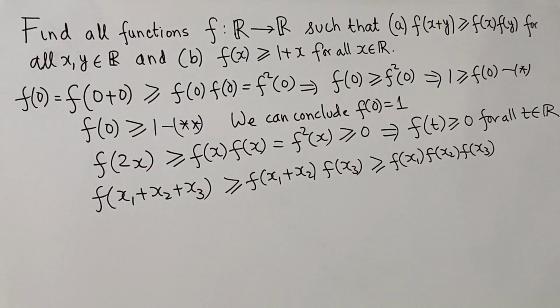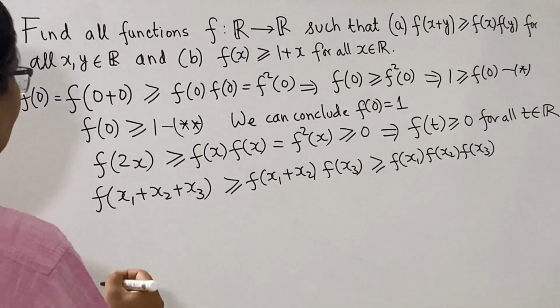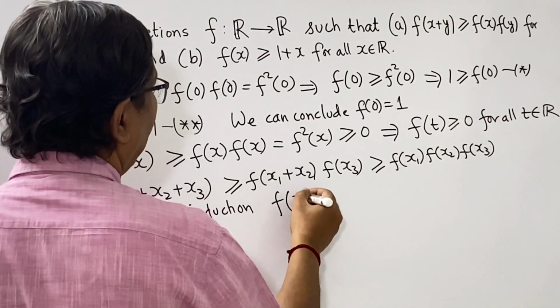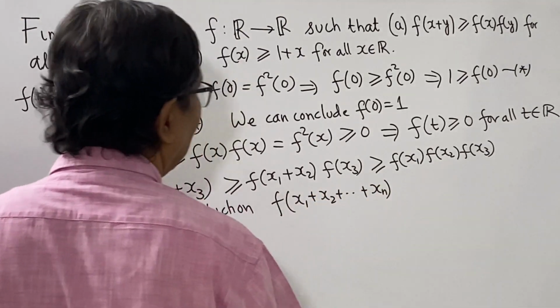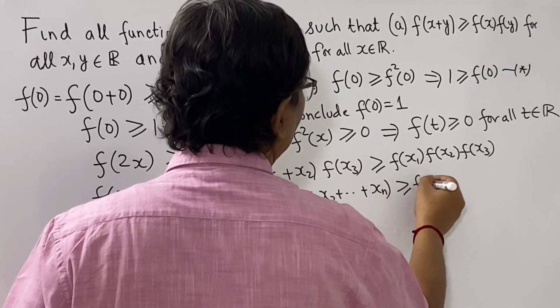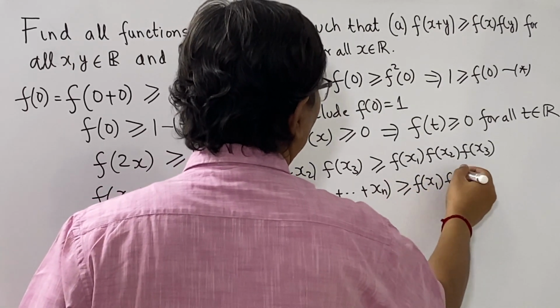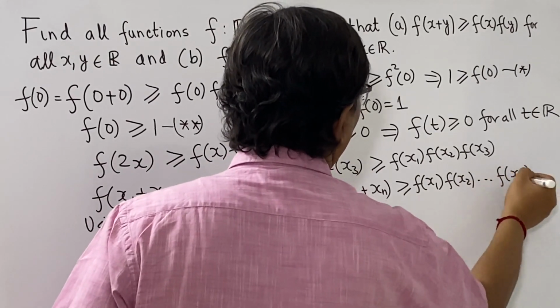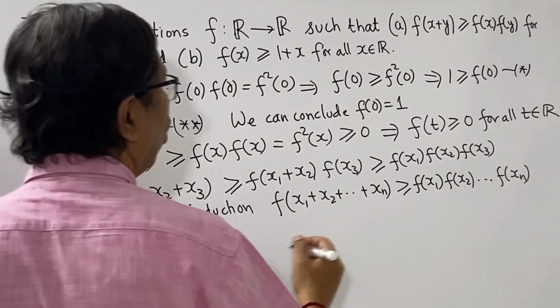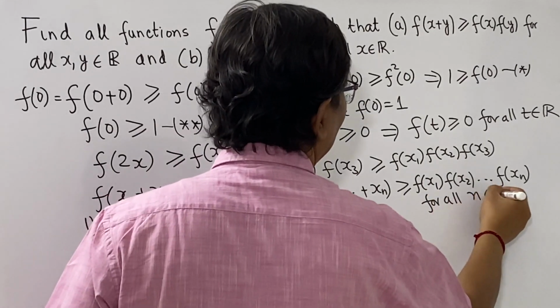And by a similar way, using induction, we can conclude f of x1 plus x2 plus up to xn is greater than or equal to f of x1 into f of x2, etc., f of xn. And this is true for all natural numbers n.